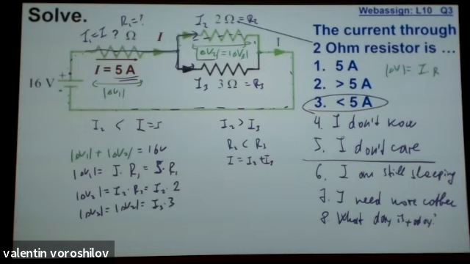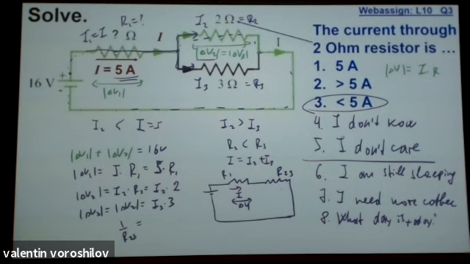Now, finally, if we want to, we can simplify this circuit. Because now we know, we could replace these two resistors with one, R23, and 1 over R23 should be equal to 1 over 2 plus 1 over 3.